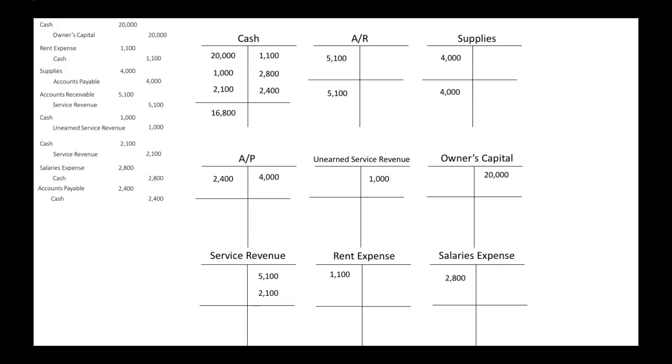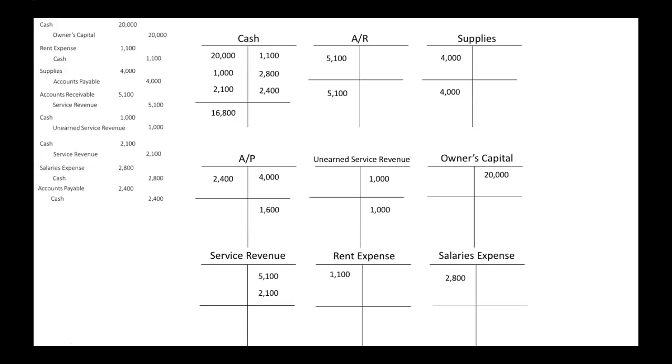Or we can look at it from the accounts payable point of view. Accounts payable is a liability. Liabilities go up with credits and go down with debits. So that 4,000 is a positive amount. We subtract out the 2,400 and we are left with 1,600 as a balance over on the credit side.